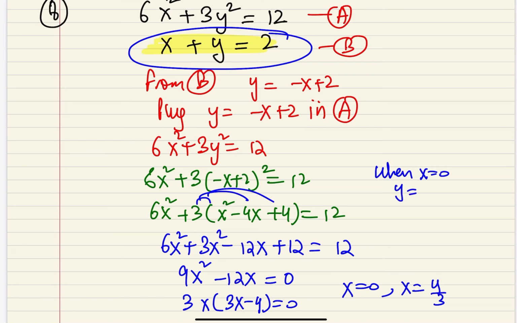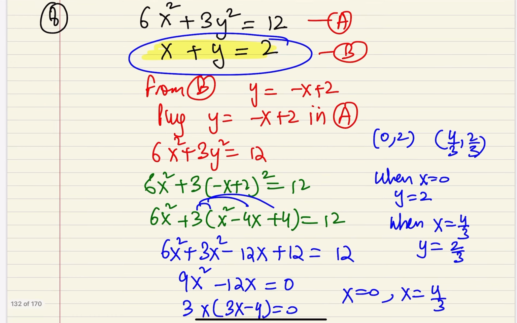When x is 0, y turns out to be 2. When x is 4/3, y turns out to be negative 4/3 plus 2, which is going to be 2/3. So my coordinate pairs, the points or the solutions, points where the graphs intersect, are (4/3, 2/3) and (0, 2).